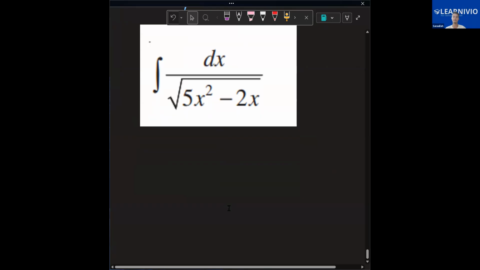Integration of dx under root 5x square minus 2x. You know the completing the square method? Do you know what is the completing the square method? Anyone?